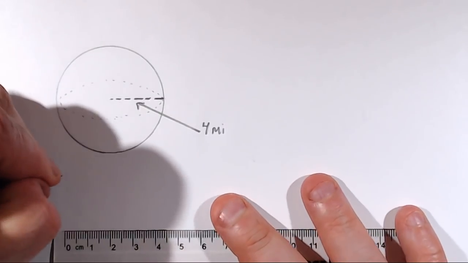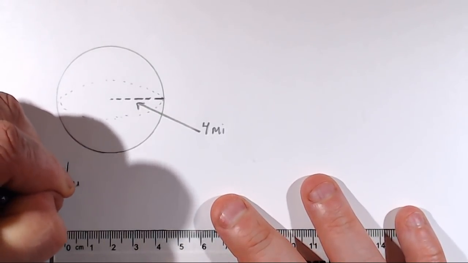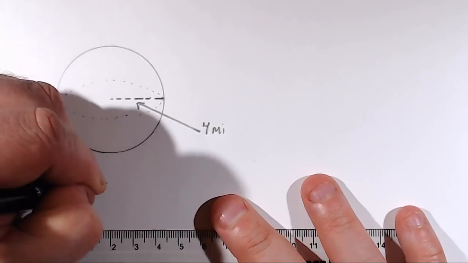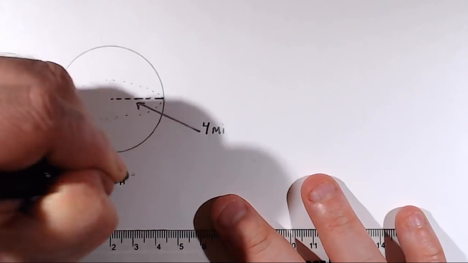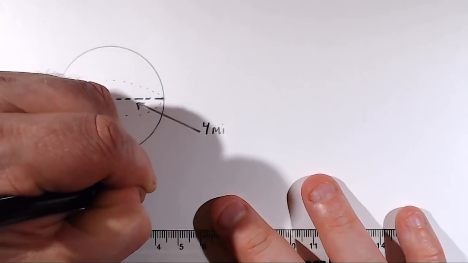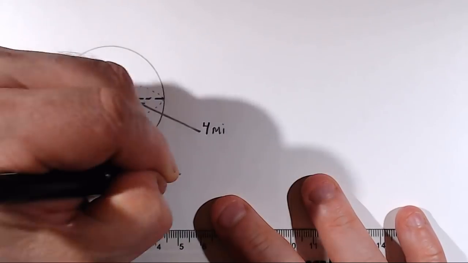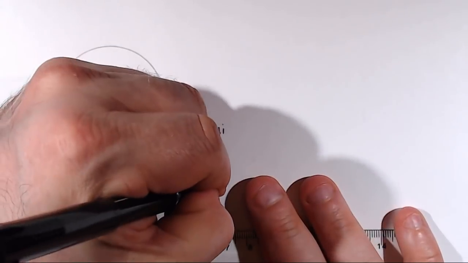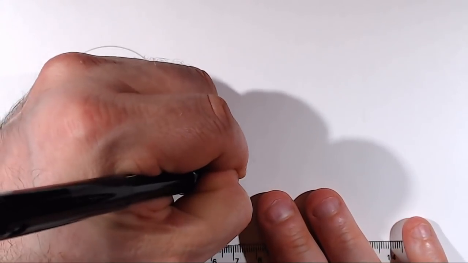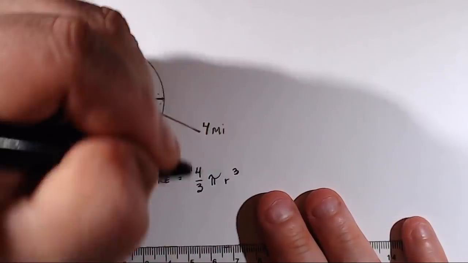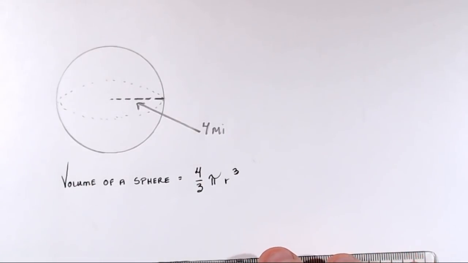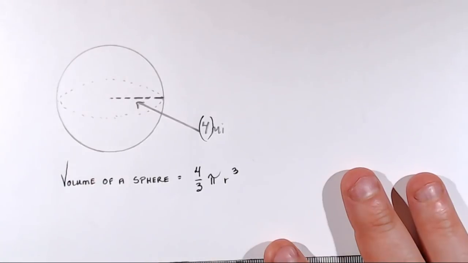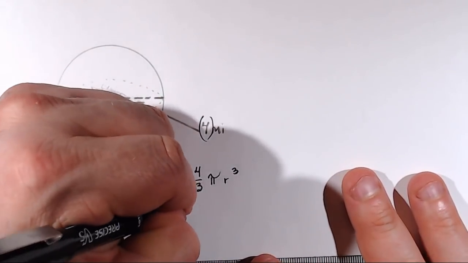So the volume of a sphere is equal to 4/3 pi r cubed. Okay, so all we have to do is plug in for what r is. Everything else is given to us. So r is 4.